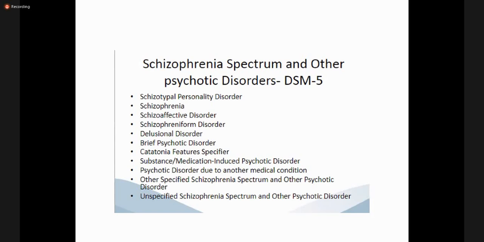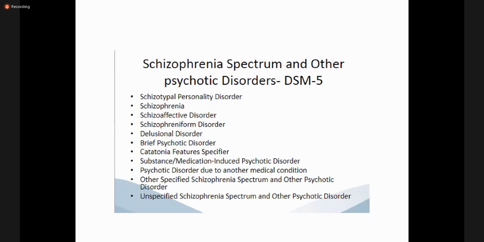So basically, sometimes there are people we come across, maybe we're passing by somewhere, and they seem a little strange or different or eccentric. Such people dress, speak, or act in an odd or unusual way. And they can be suspicious and paranoid. So basically, it's a disorder of the personality. It's persistent.